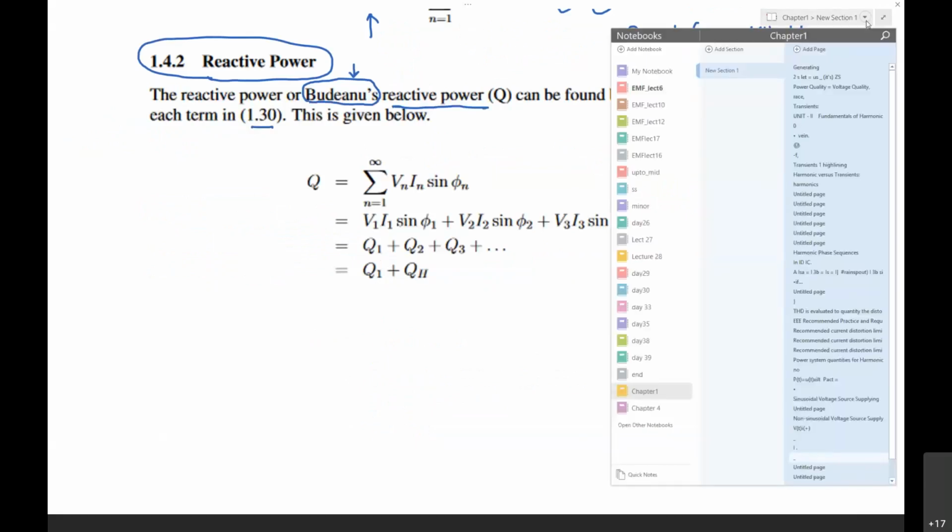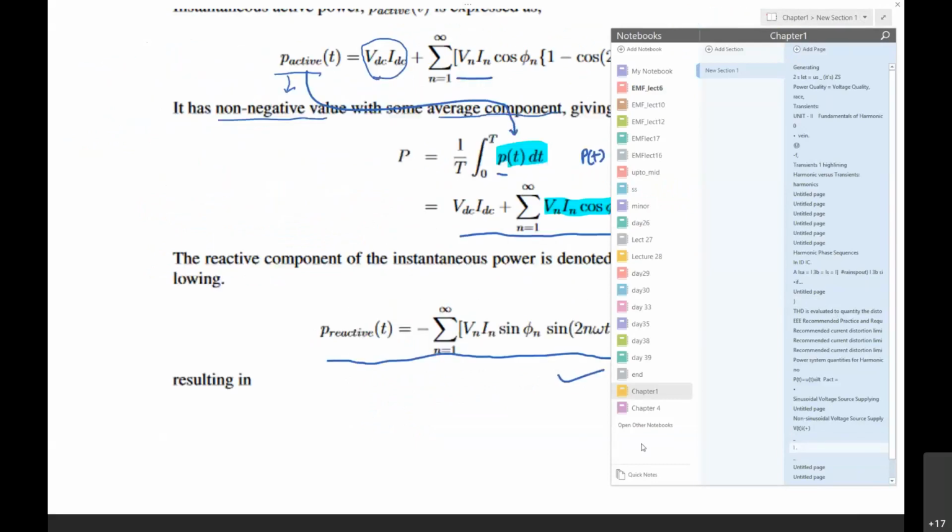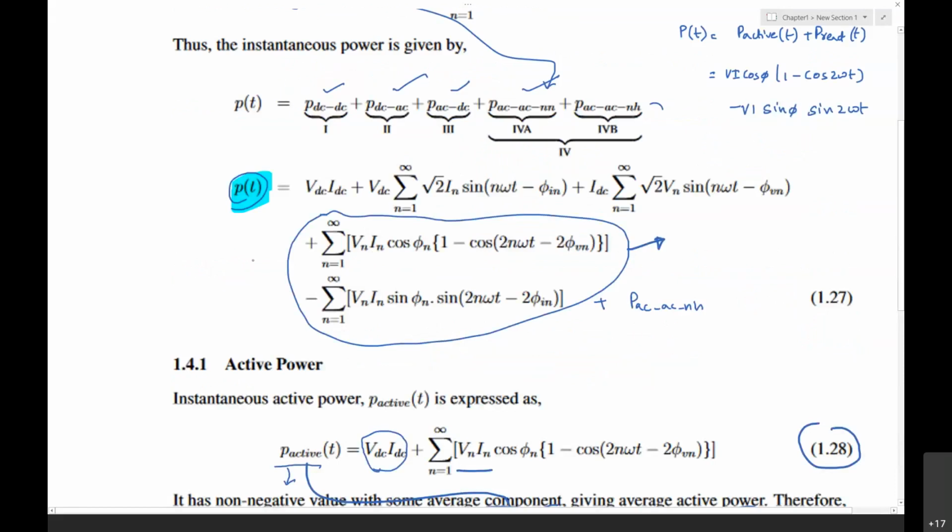There are other powers as well. When you look at this particular equation, the p(t), these are all the components: the first, then the second, then the third. The first one we can make out as the DC average power. This power of the fourth equation, we are able to figure out as the real power and the reactive power. But these are powers which we are not able to quantify as an average power or as a reactive power.